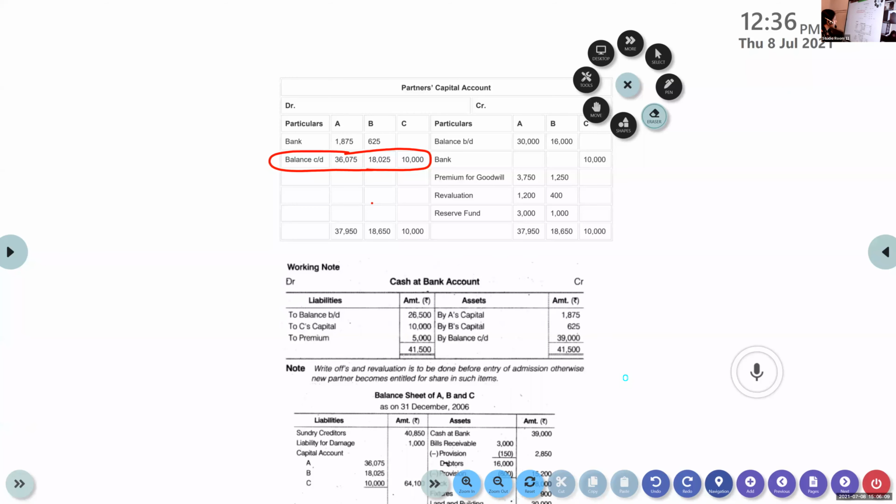Capital of the new partner 10,000, and again he is bringing 5,000 as goodwill. And from that, what we need to reduce? We need to reduce the withdrawal.